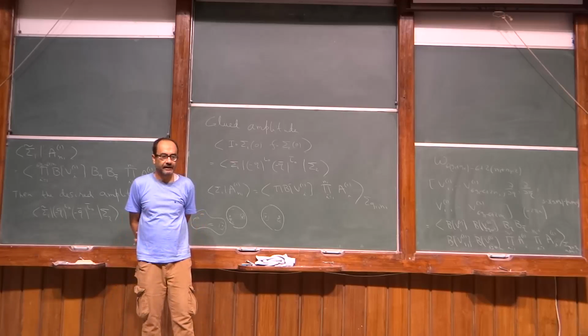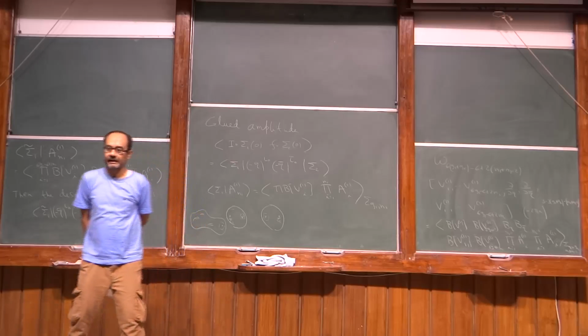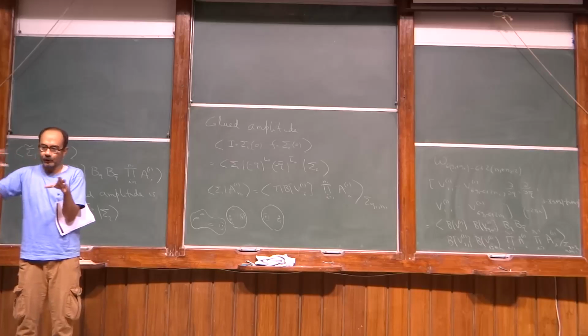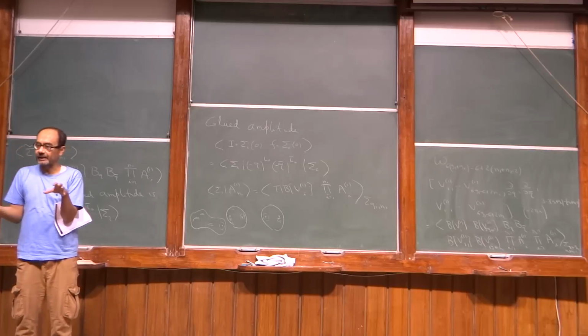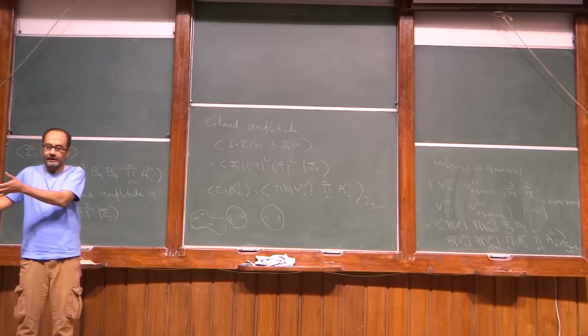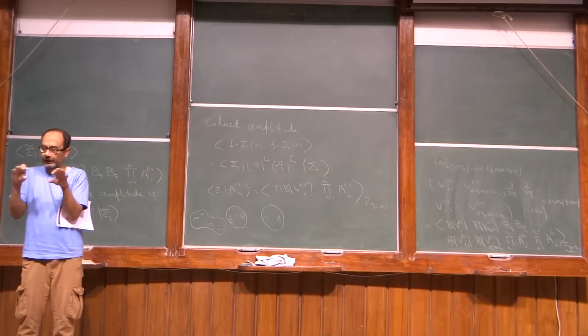Is this point clear? So again, let me emphasize the general feature: given two Riemann surfaces with some arbitrary operators inserted, it doesn't have to be B's or anything. It could be the C ghost, for example, if for some reason you want to insert that. Some operators are inserted on the first Riemann surface, some operators on the second Riemann surface, and you are trying to glue them together.